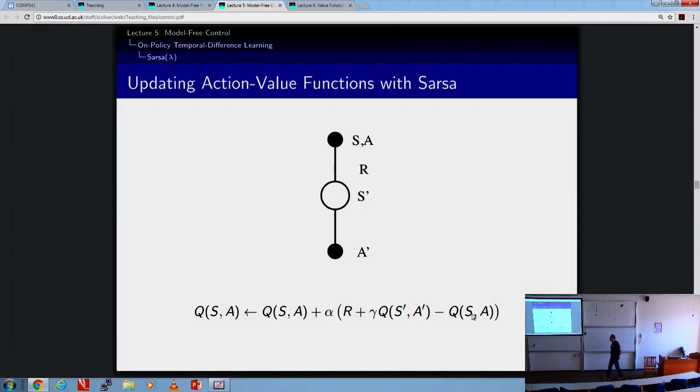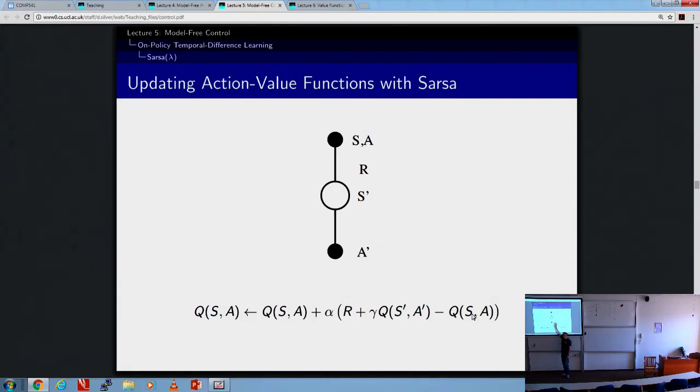When we used MC, we went all the way from a state action pair to the end of the episode, calculated the return, and updated the expectation for Q(S,A). For TD, we just wait until the next state action pair. I'm in state S, I take action A, I observe the immediate reward R, I observe S prime, and then I decide one more action.